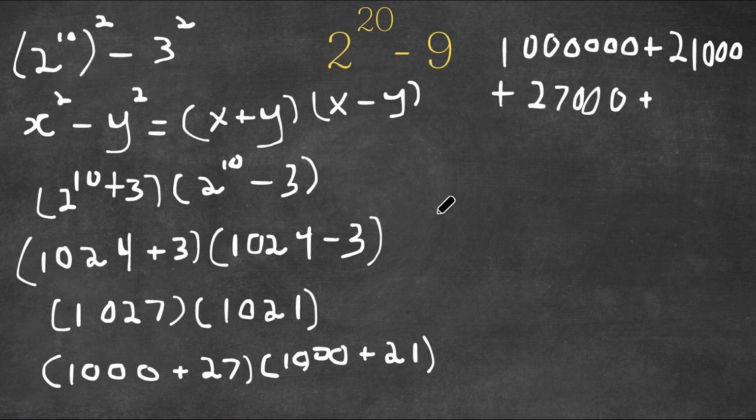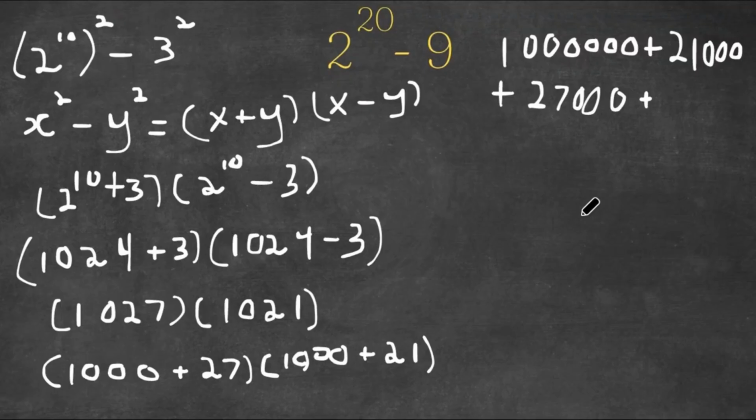And finally, 27 times 21 is, we could rewrite, if we want to simplify this, 27 times 21 is 567.